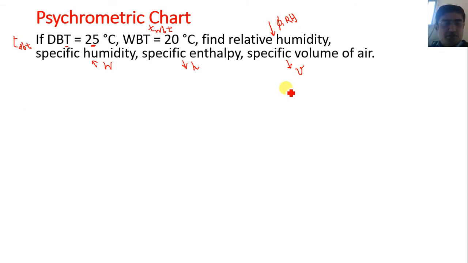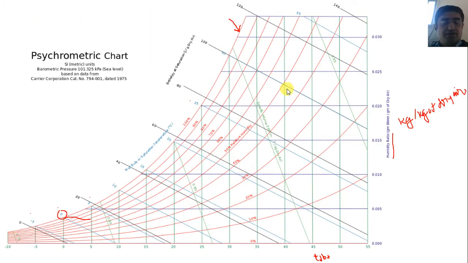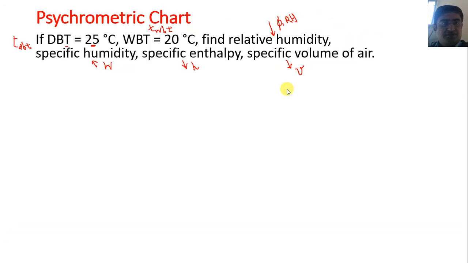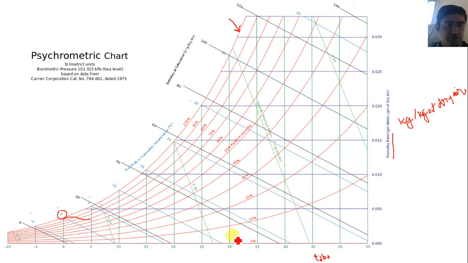So first, our task is to identify the intersecting point. It is given that the dry bulb temperature is 25 degree, so on this whole line the value of DBT is 25 degree.